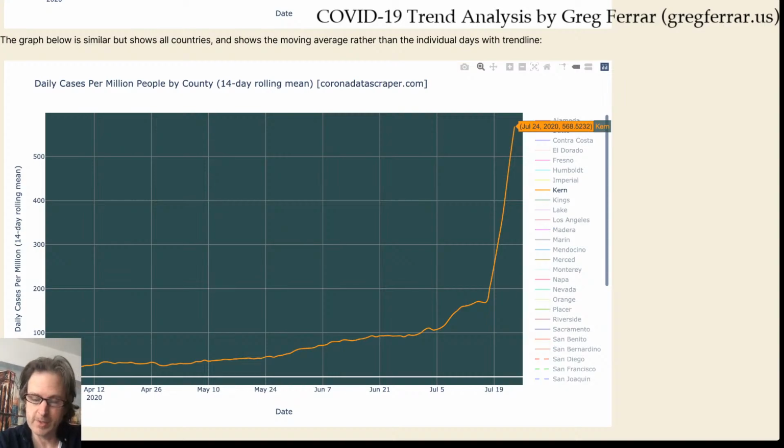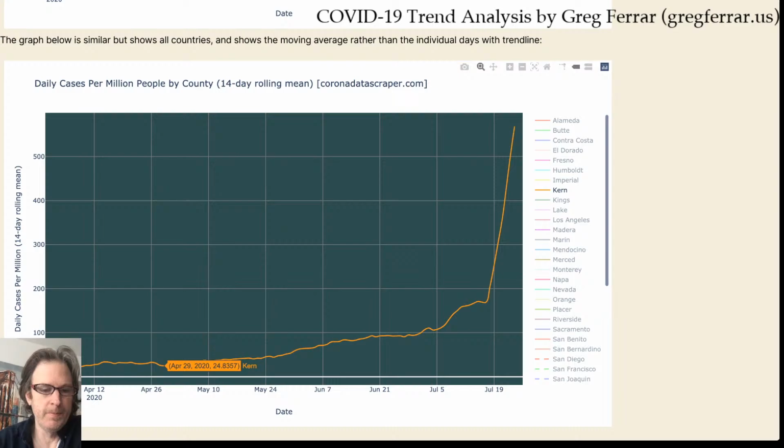I still like those because the growth rate shows something about what's coming up, and the severity gives a better sense of how bad things are overall. But this is real. This is daily cases per million. This is actual cases on the ground, number of cases.